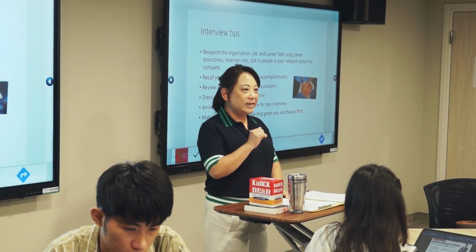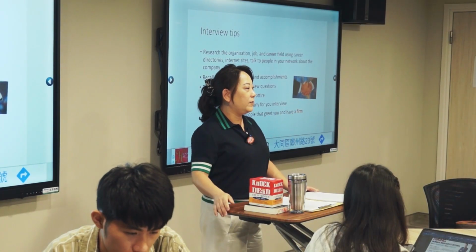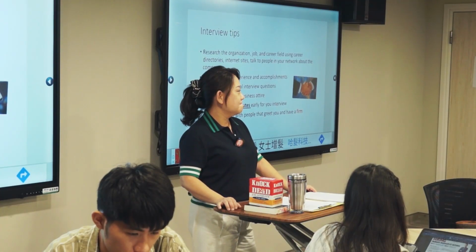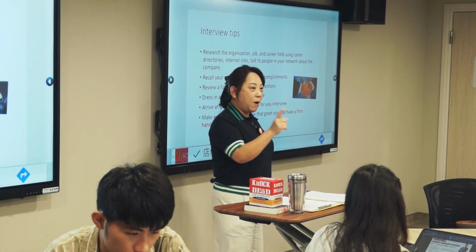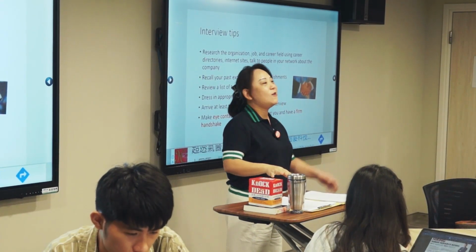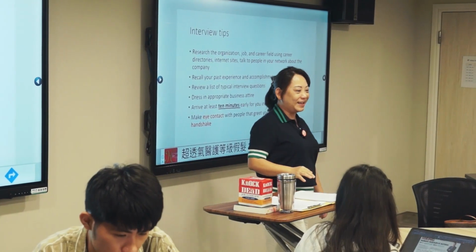If you have a lot of interviewers, how can you get eye contact? I will find one person among the interviewers, some look friendly, some are not. I know I'm not the one that you feel is friendly, okay?